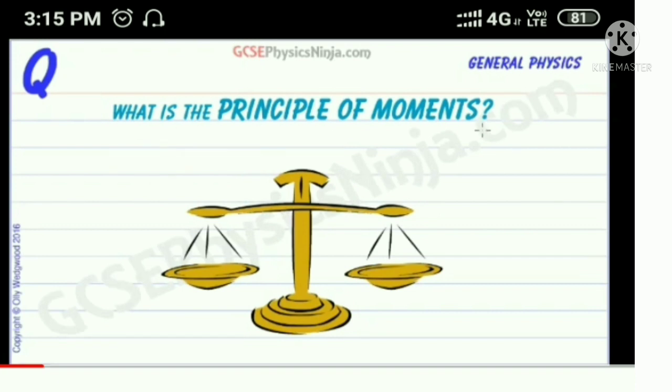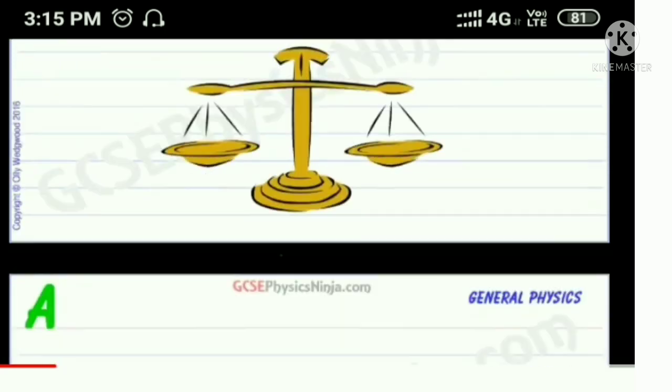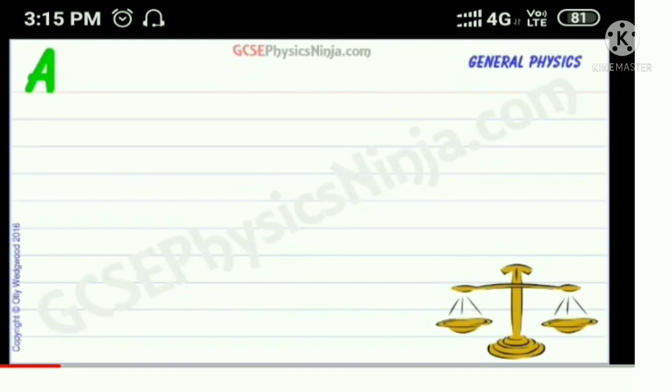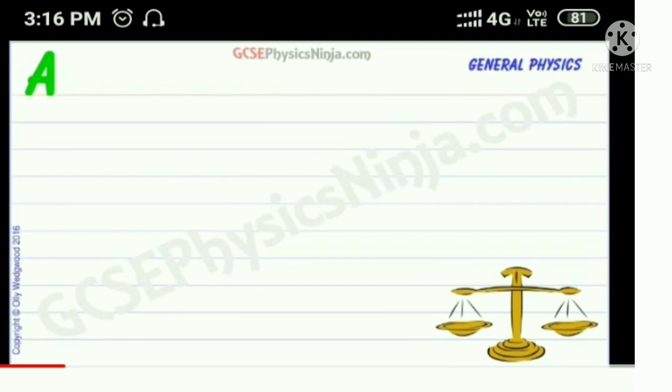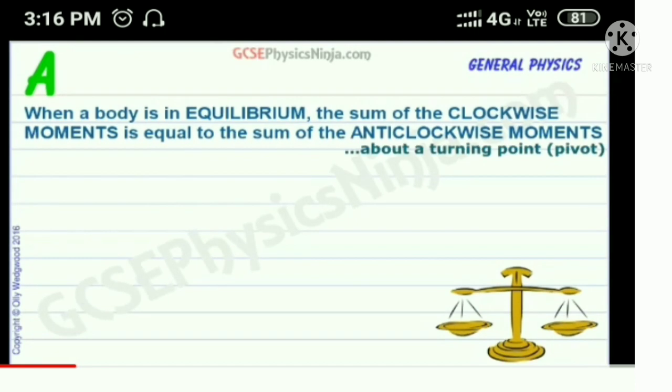So what is the principle of moments? First we are going to learn the definition of principle of moments. The principle of moments states that when a body is said to be in equilibrium, sum of the clockwise moments is equal to sum of the anti-clockwise moments.